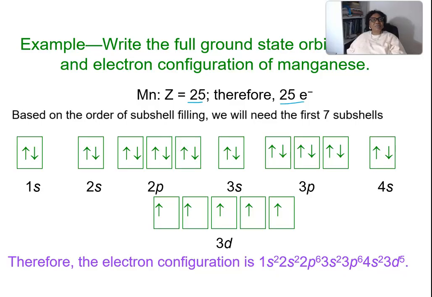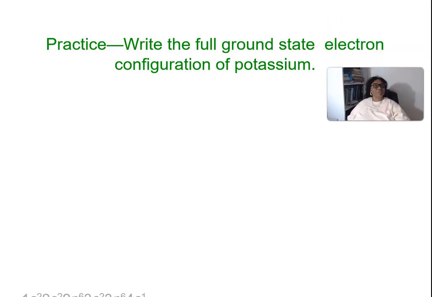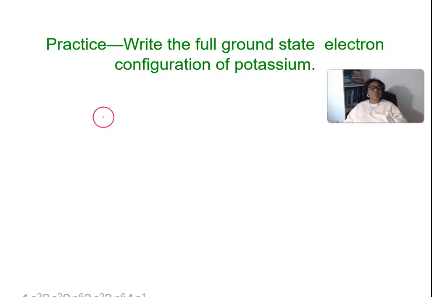Let's try this example also. Write the full ground state electronic configuration for potassium. What's the atomic number of potassium? Go to your periodic table.